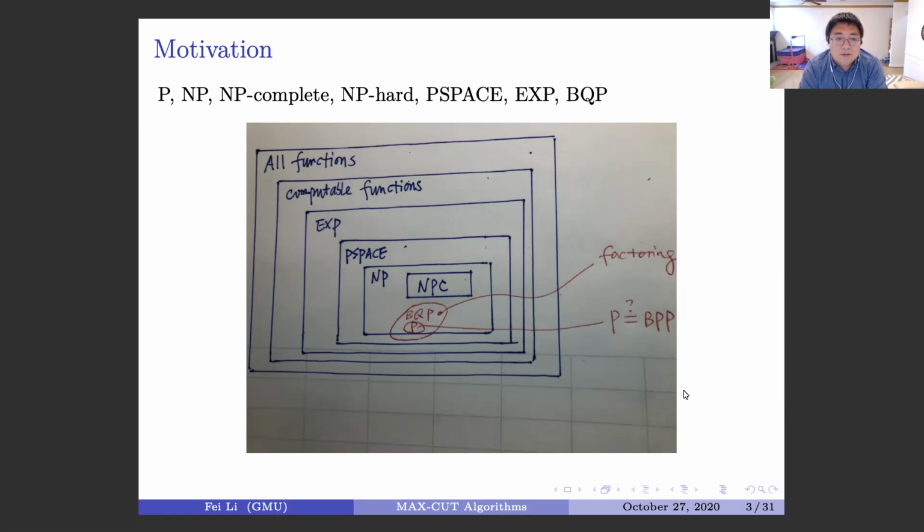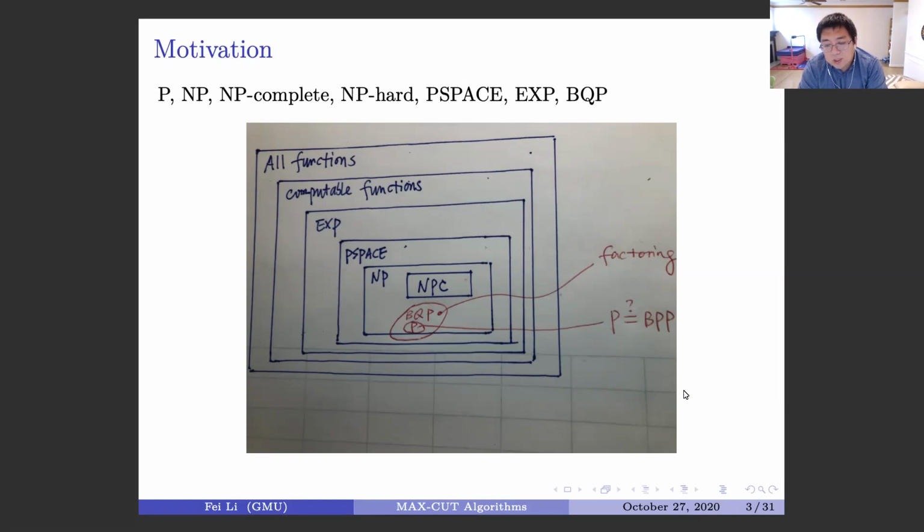And within a subset of EXP is PSPACE. PSPACE is the class of problems such that at any time, all the information needed is bounded by a polynomial space. One example of PSPACE is chess.